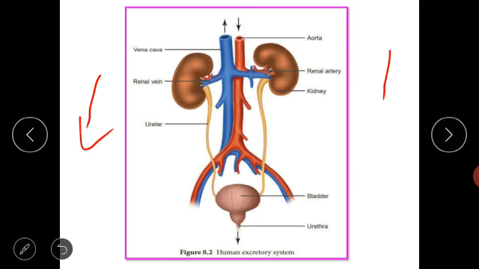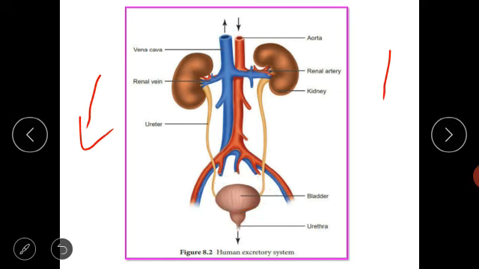Then there is a pair of ureters on both sides, left and right. They collect the waste filtered by the kidney and transfer it to the urinary bladder, which is a temporary storage of urine. Both ureters carry the waste purified by the kidney to the urinary bladder.